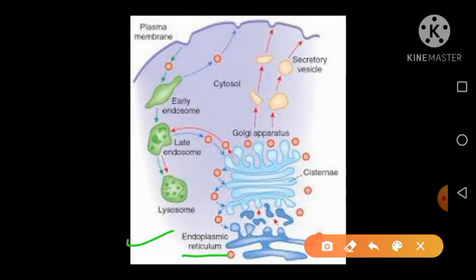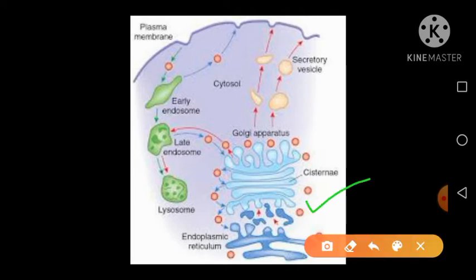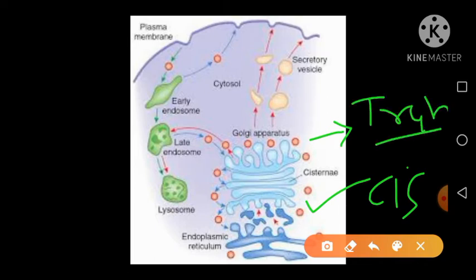Now protein synthesized over here in the endoplasmic reticulum is transported to the Golgi complex with the help of small membrane bound vesicles, and then that cisterna is migrated. So this one is the cis phase of the Golgi complex, and this one is the trans phase of the Golgi complex.